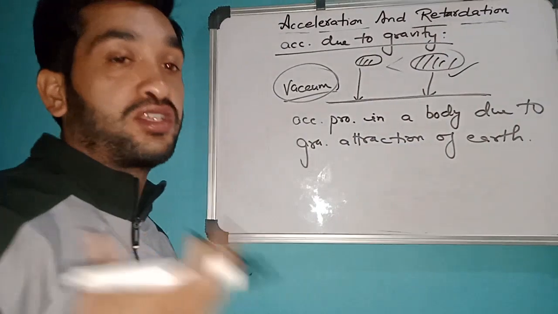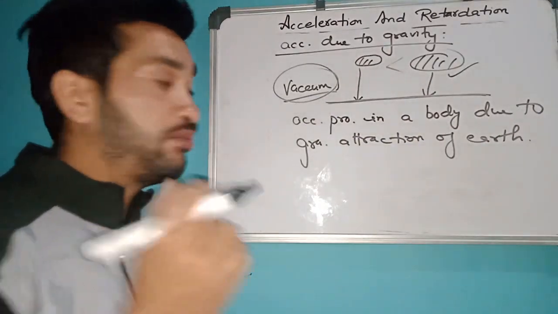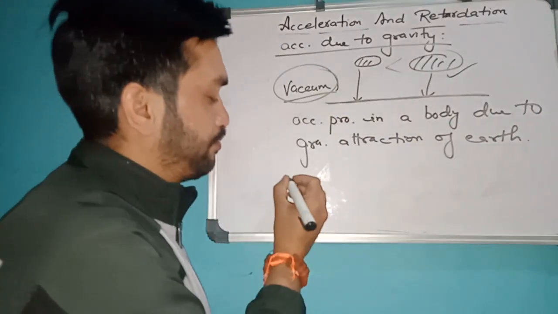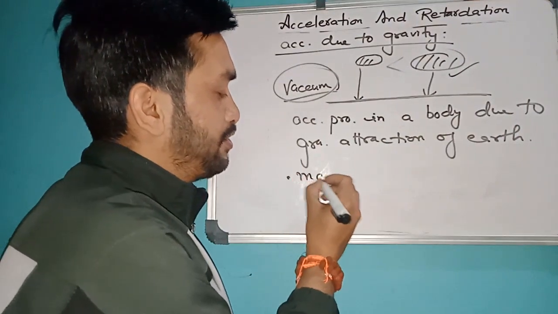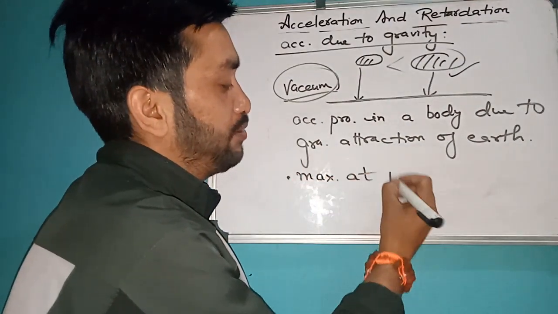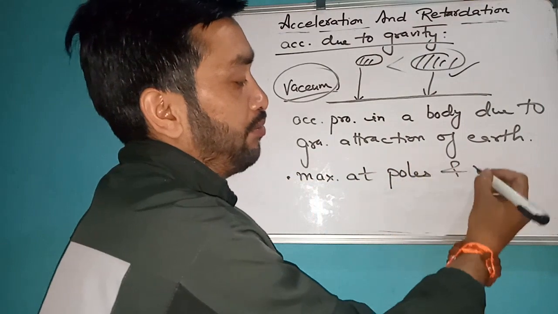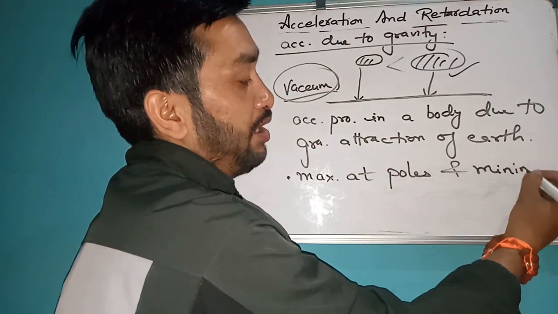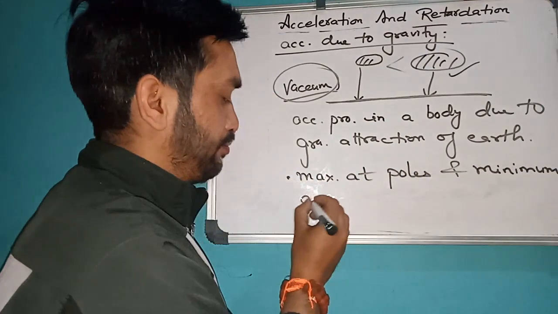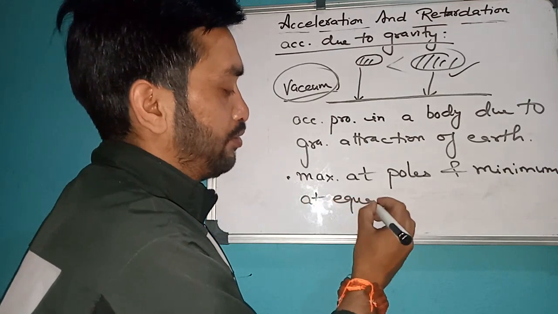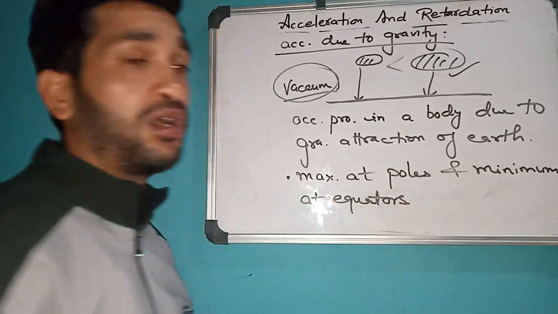Another thing, it does not depend on mass. Another point which comes for 1 mark is, it is maximum at the poles and minimum at the equator. These are the points which come for 1 mark.